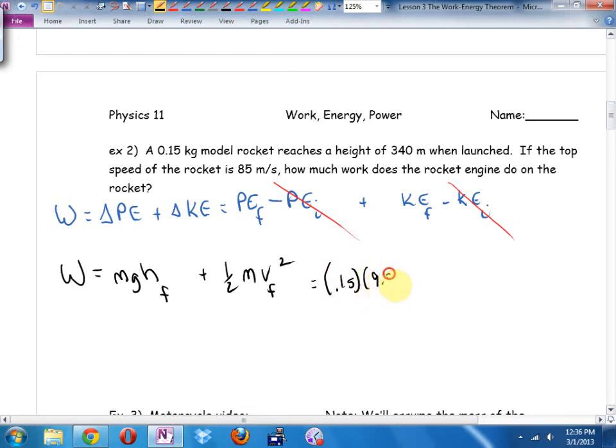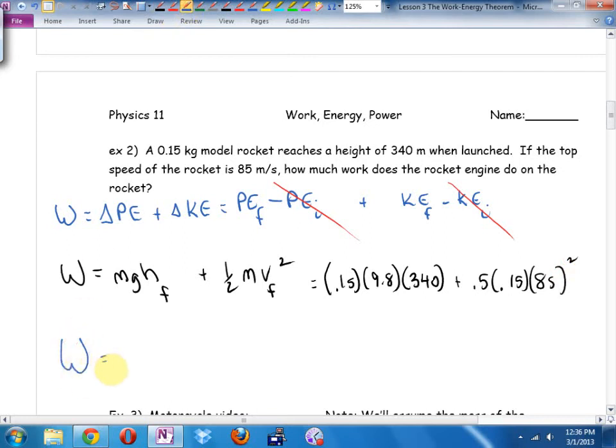They gave me g, 9.8. They gave me h, 340, plus 0.5 times 0.15 times 85 squared.